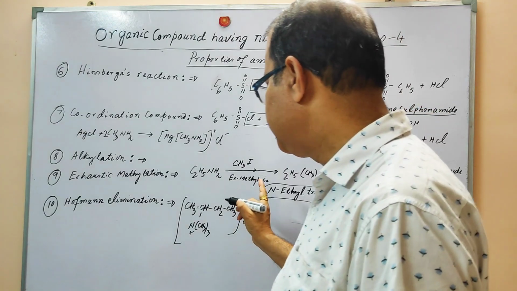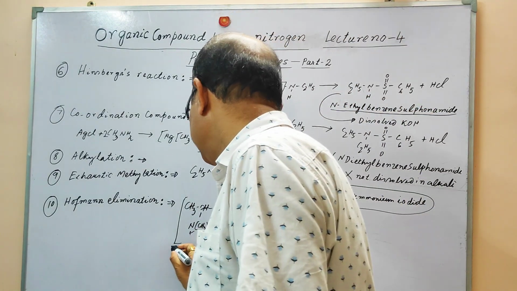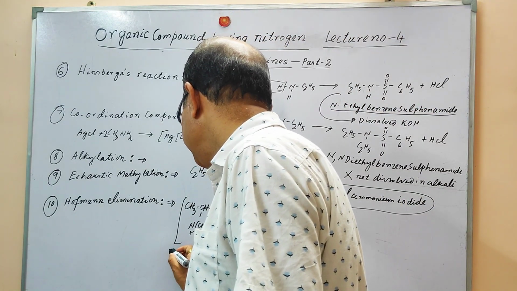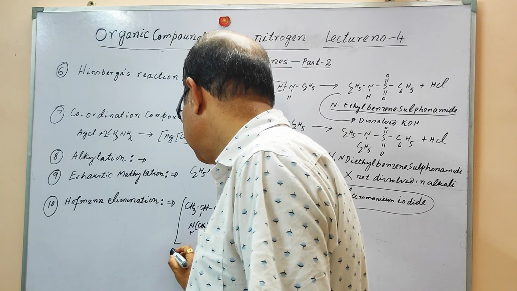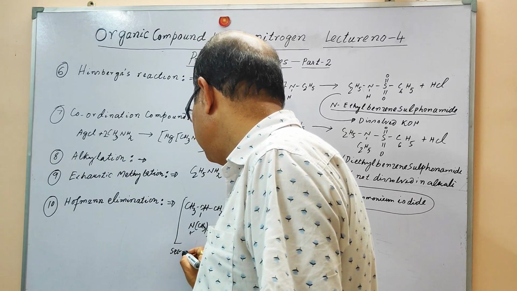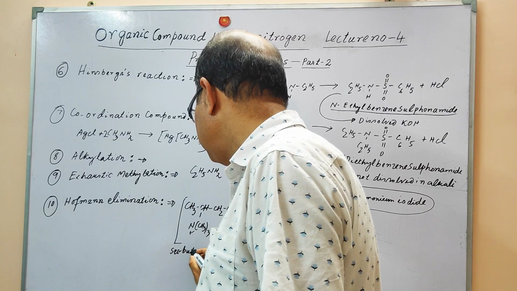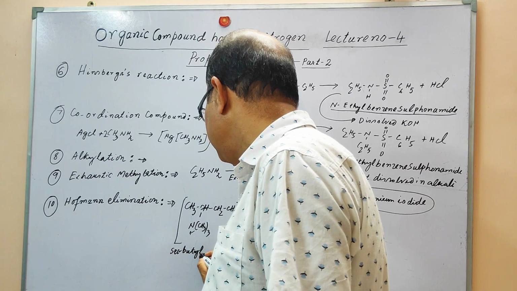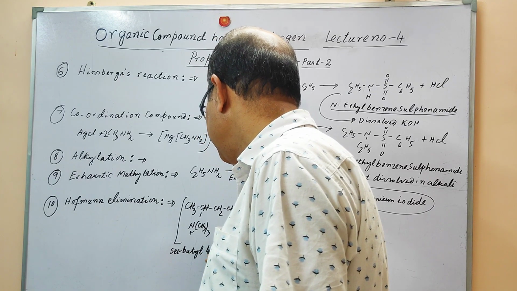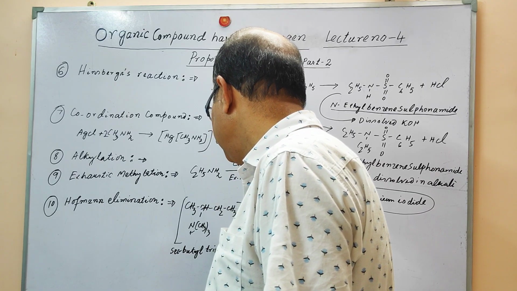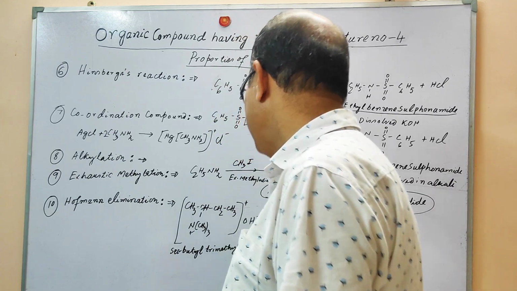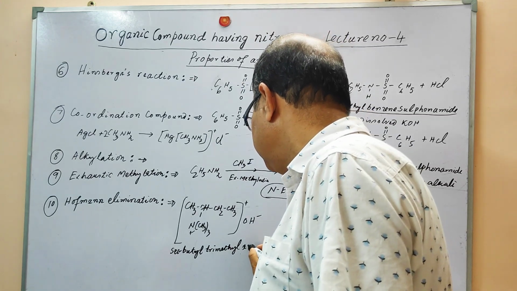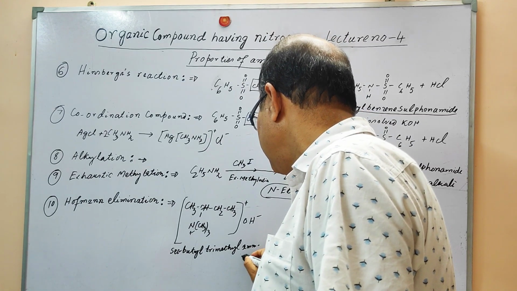The name of this compound is secondary butyl trimethyl ammonium hydroxide.